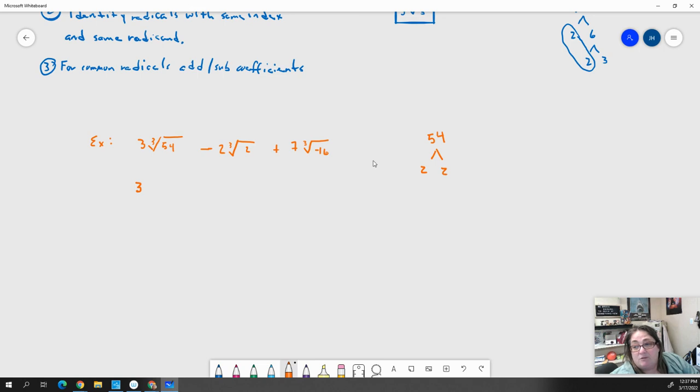So it's 2 times 27. And then 27 is 3 times 9, and 9 is 3 times 3. So I have 3 3s. So I can pull a 3 out. So I'm going to go times 3, and whatever's left, which is this 2 right here, is going to come underneath.